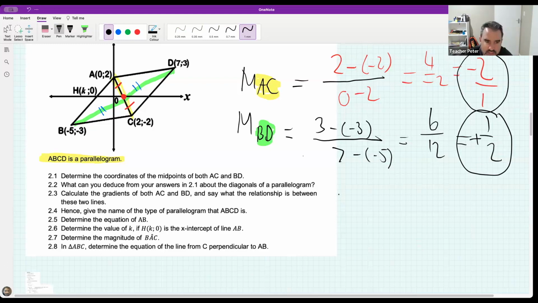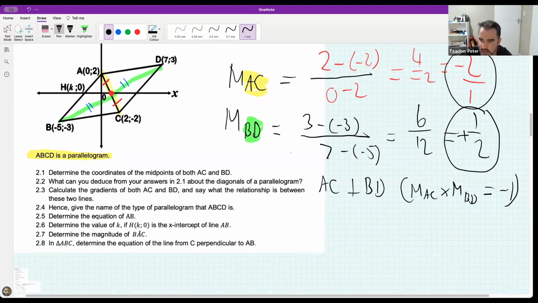So we know that AC is perpendicular to BD, because the gradient AC times the gradient BD equals -1. So when I multiply -2 by half, I get -1. So these diagonals are not only cutting each other in half, they're cutting each other in half at 90 degrees.